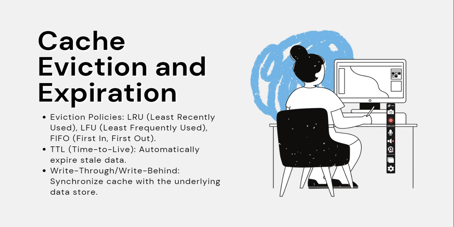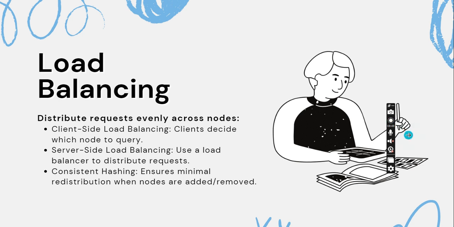In least frequently used, it tracks the access frequency of each item, and when the cache is full, the item with the lowest access frequency will be evicted. And in time to live, the item will be removed based on the expiration time, ensuring data freshness. And after that, we have load balancing.